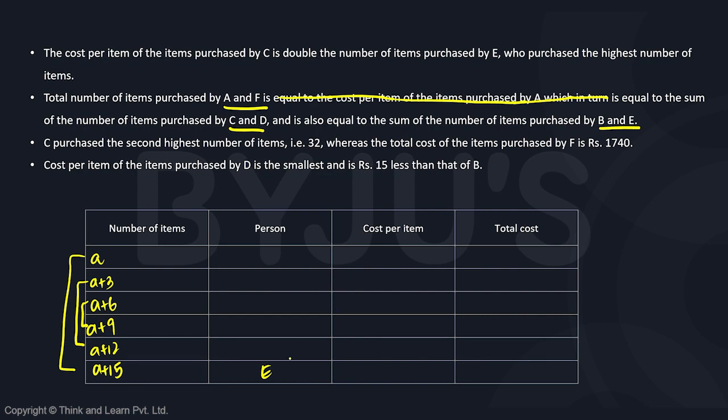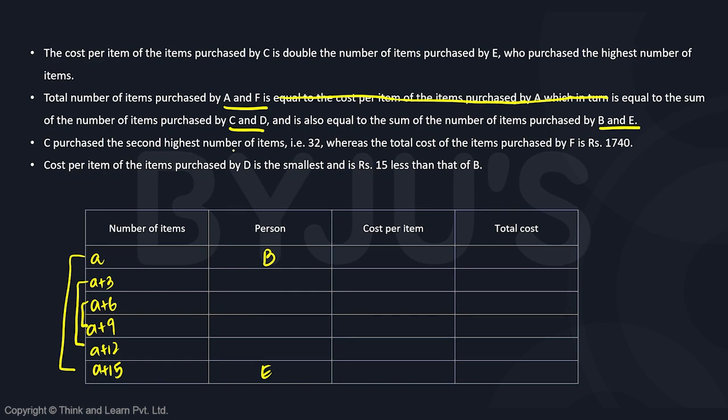That means if this is the lowest number of items, A and A plus 15 will give us 2A plus 15. A plus 3 plus A plus 12 will also give us 2A plus 15 and so on. Also, if we can figure out where C or D is, we know where the other person is. Also, the same is true for A and F. Let's read the next statement.